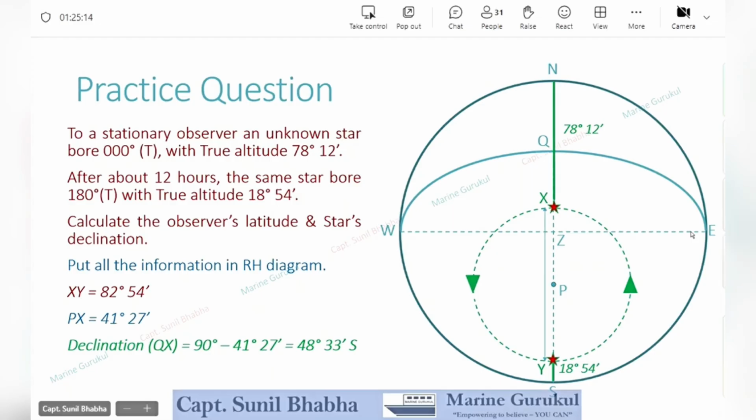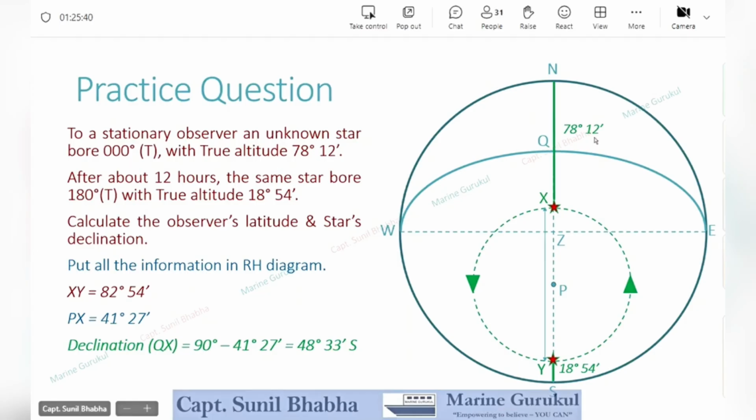Okay, beta. I have made a diagram, but I've taken only the north pole. I start the same, but later on my direction will be wrong, sir. So I just want to understand what mistake I have made, sir. Okay, beta. Look at the question, beta. The first line says the unknown star bore 000 with true altitude 78°12'.